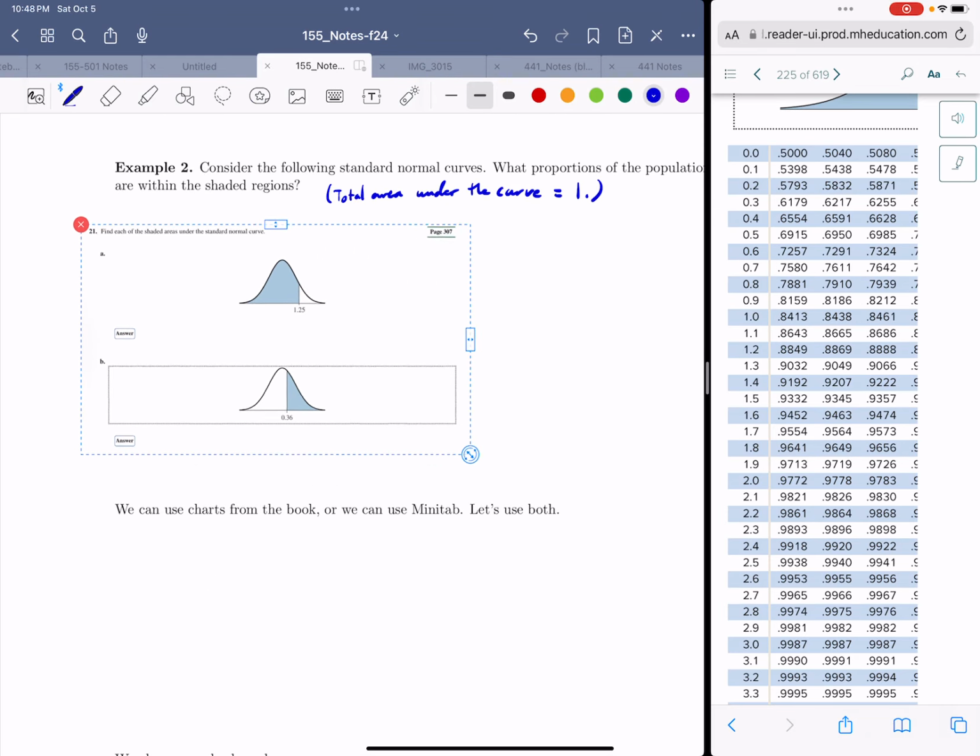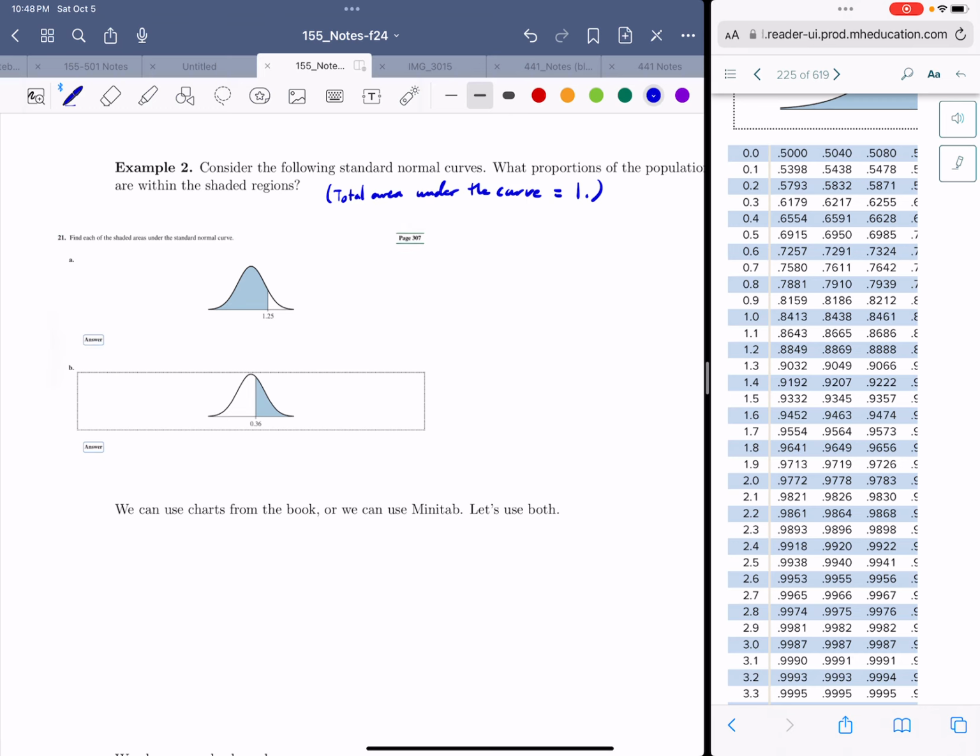So here we can say that 0.8944 of the data is to the left of, or maybe I should say has z-score less than, or you can write less than or equal to, it's the same thing.